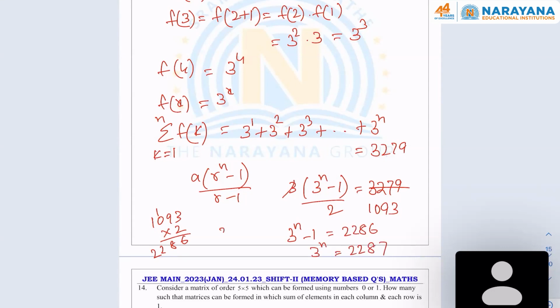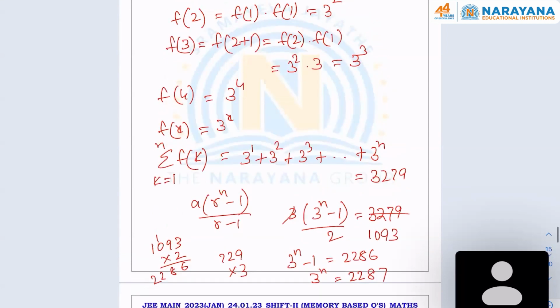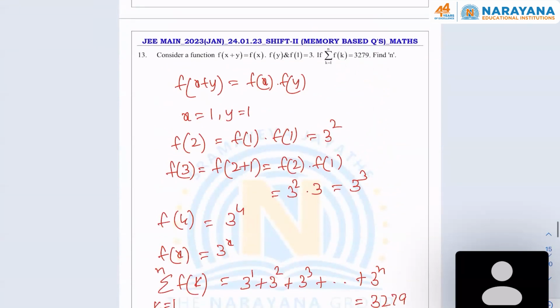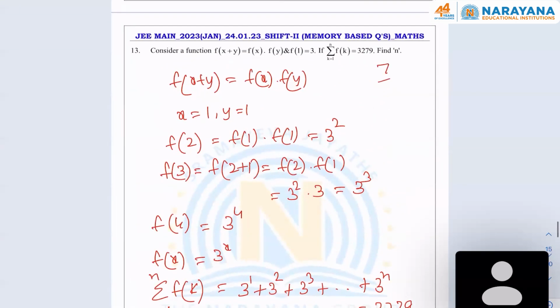So I think 729 into 3 is equal to 2187. So the value of n: 3 power 4 is 81, 3 power 5 is 243, 3 power 6 is 729, 3 power 7 is 2187. So here the value of n is 7.